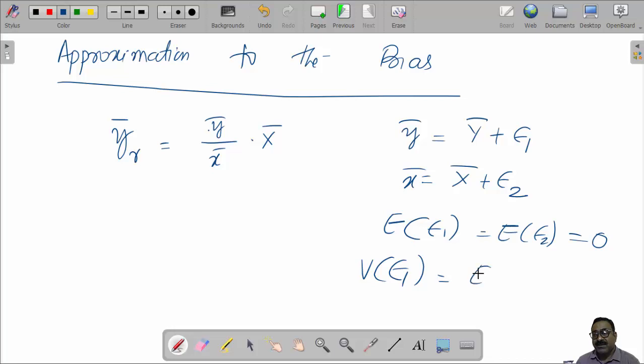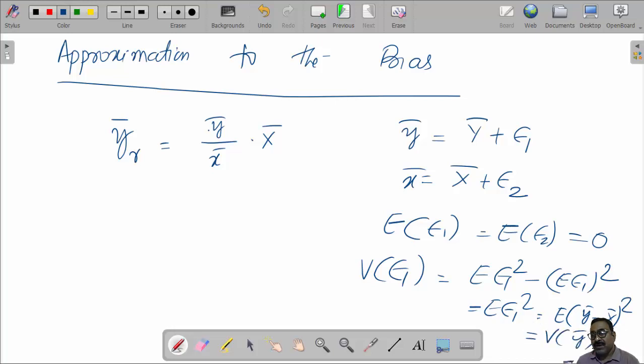So variance of epsilon 1 equal to expectation of epsilon 1 square minus expectation of epsilon 1 whole square, which is equal to expectation of epsilon 1 square, because expectation of epsilon 1 is 0. That is equal to expectation of ȳ minus Ȳ whole square, that is equal to variance of ȳ. Similarly, variance of epsilon 2 equal to variance of x̄.